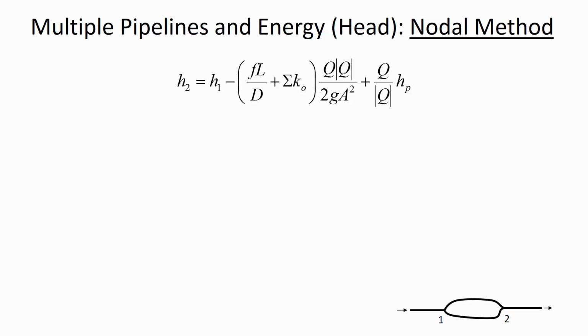Now, times Q, absolute value of Q, divided by 2gA squared. We've seen something similar to that before. That's just the velocity head. Instead of saying V squared divided by 2g, there is an advantage to us sometimes saying Q squared divided by 2gA squared. Sometimes it's better for us to write it that way. Yes, there is.